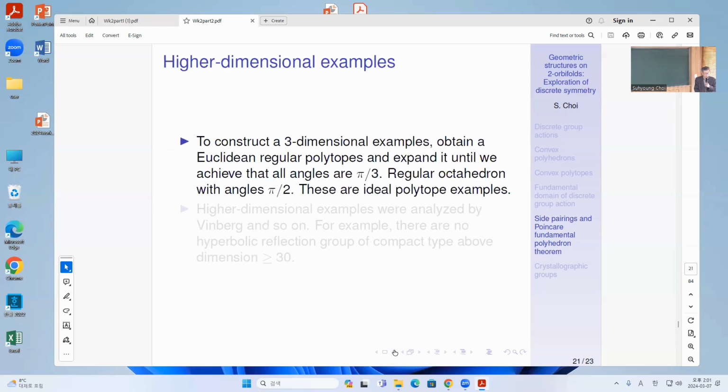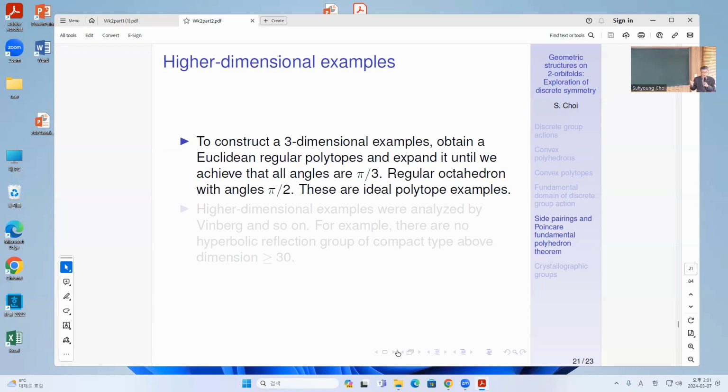Okay. So for the higher dimensional case, we look at the three-dimensional case. For a Euclidean regular polytope, you expand it until you achieve all the angles of pi over 3, then this will give you a group. So you can obtain a regular octahedron with angles pi over 2. Of course, Euclidean space doesn't have that angle, but you can expand it until you get these angles. And then there are some ideal polytope examples.